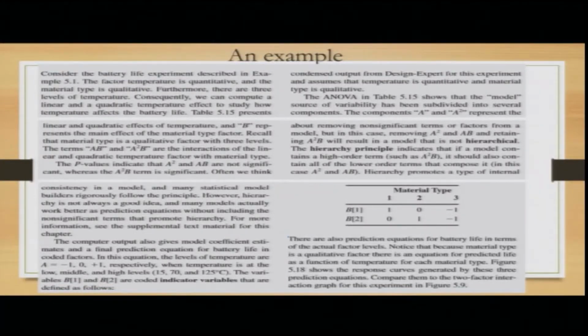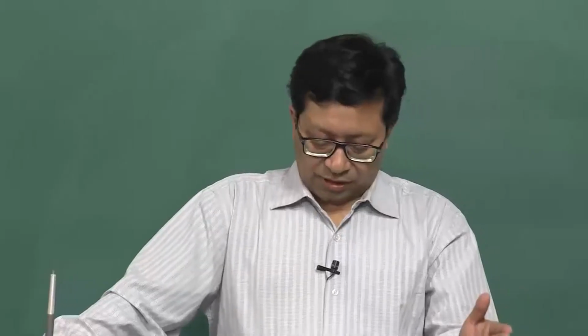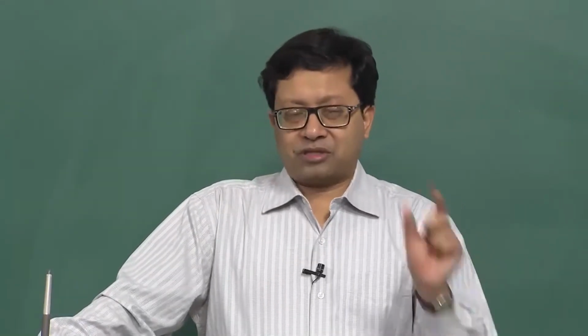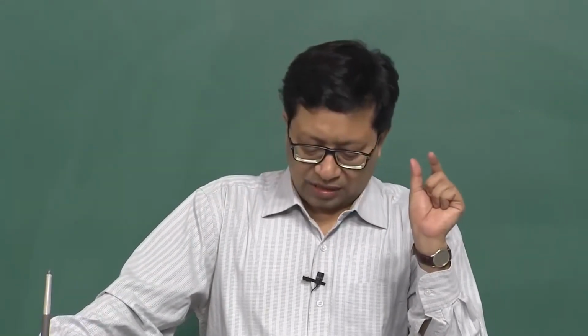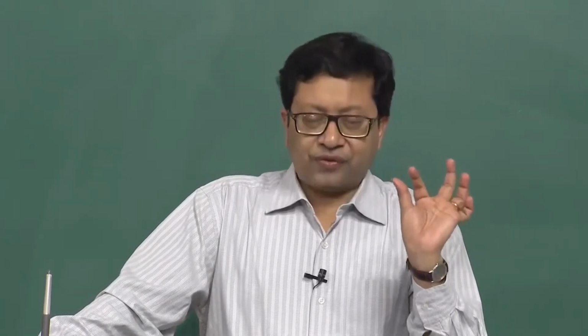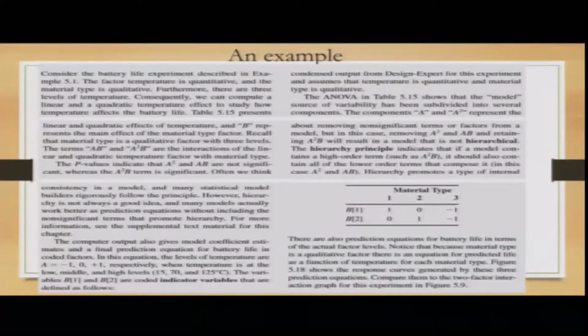These would be the design expert's comments for this experiment, and we would assume that the temperature is qualitative and the material type is also qualitative. That means we are converting the temperature from the quantitative scale to the qualitative scale. But obviously your question would be: the difference between 15 and 70 is 55, and the temperature difference from 70 to 125 is also 55.